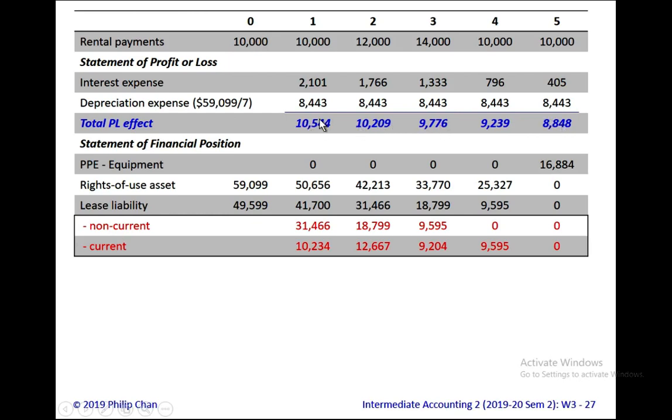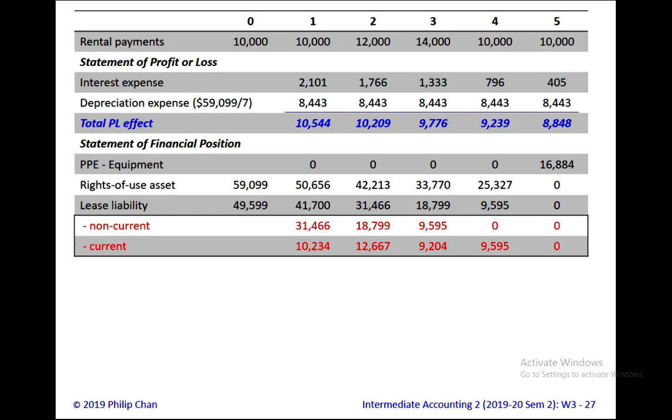So profitability would drop at the beginning of the lease. Profit drops as compared to either equity or assets. That is not going to be a good sign for the company. So you can see that they don't like it.